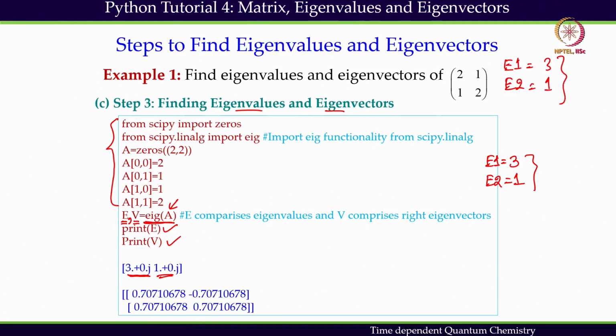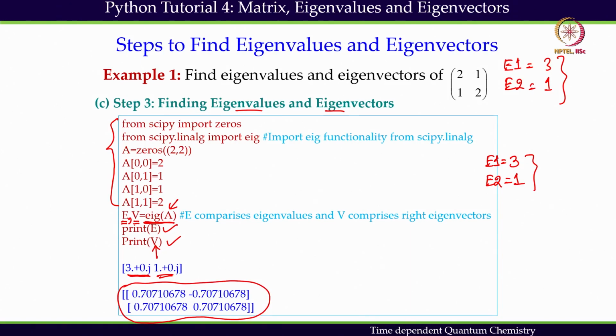So numerically we are finding the same results, and corresponding to the eigenvalues, the eigenvector is presented again in array form. This is another array which has been given.